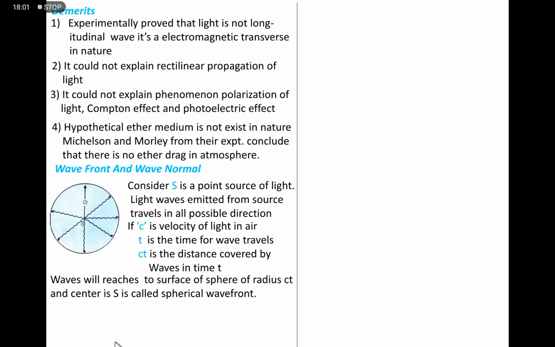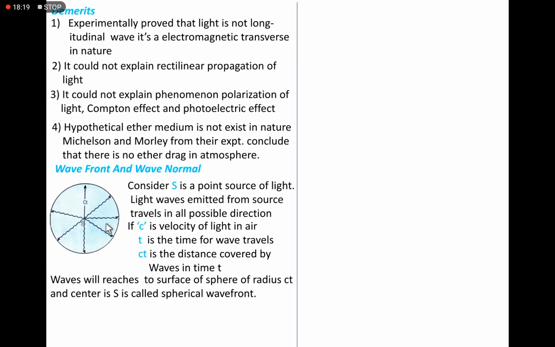I repeat, here c is the velocity of light. We know that the source of light emits waves in all possible directions.